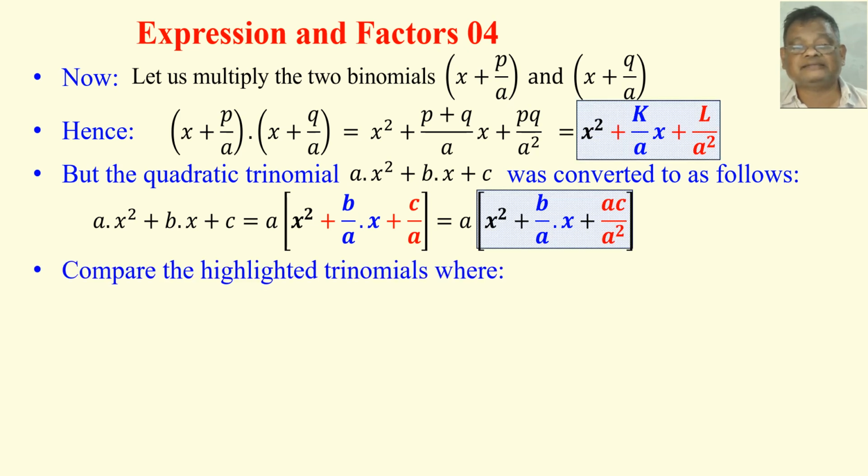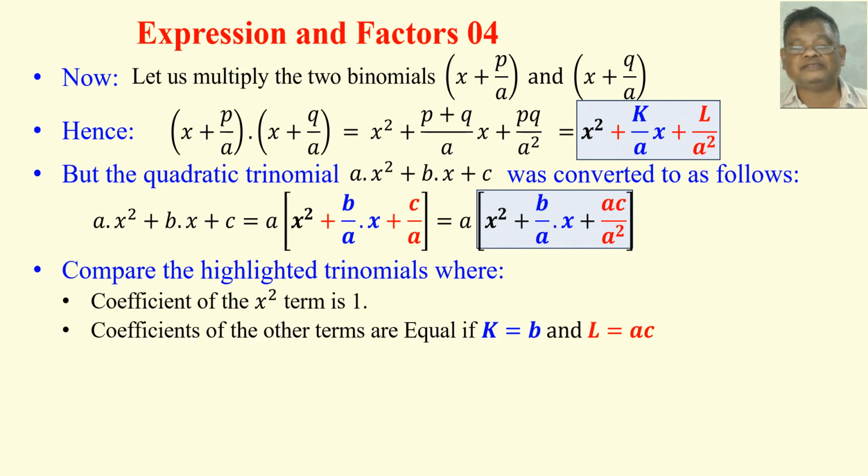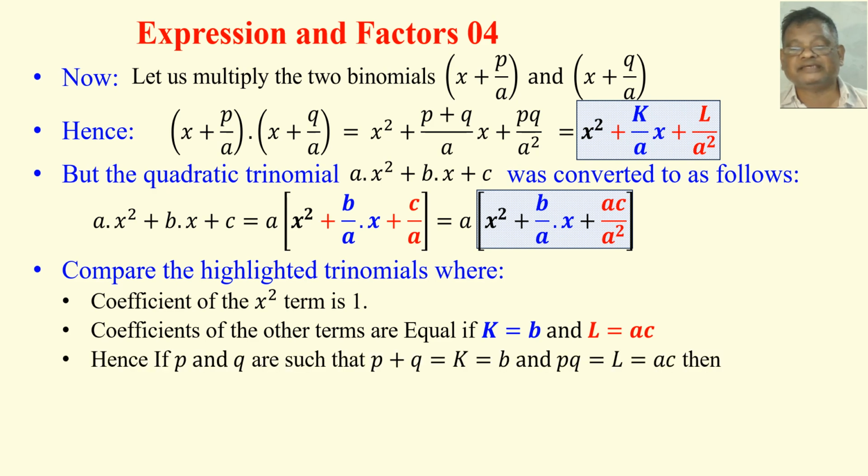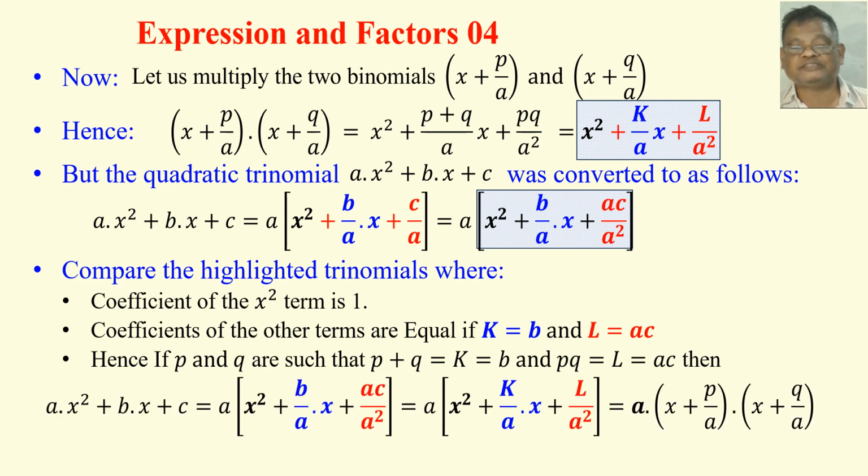Compare the highlighted trinomials where the coefficient of the x squared term is 1: the coefficients of the other terms are equal if k equals b and L equals ac. Hence, if p and q are such that p plus q equals k equals b and pq equals L equals ac, then as shown, ax squared plus bx plus c is equal to a times x plus p over a into x plus q over a.